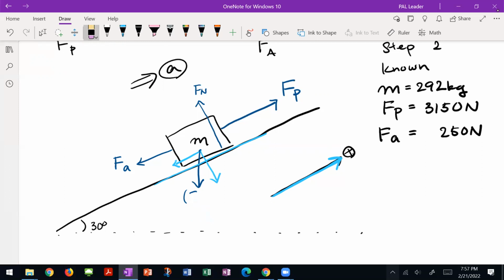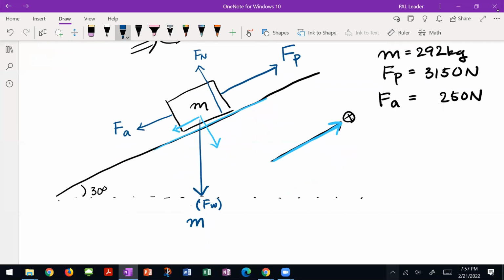I should have written these bigger. Let me do that because this part is also confusing and I don't want to skip it. So this is our weight, mg, and I'm going to rewrite these two a little bigger. It's going to look like this.